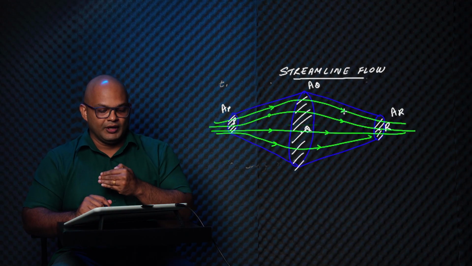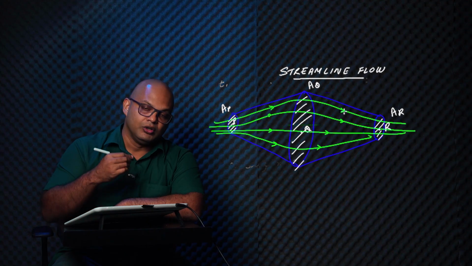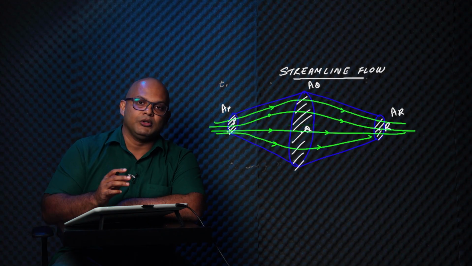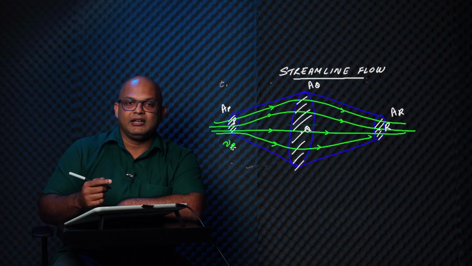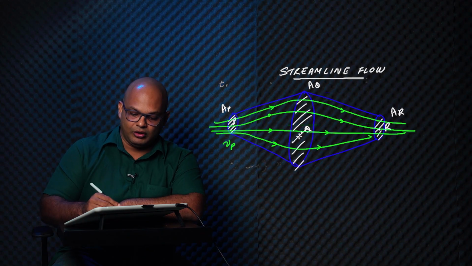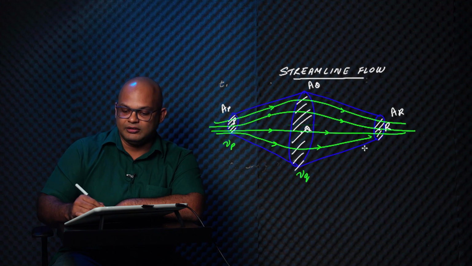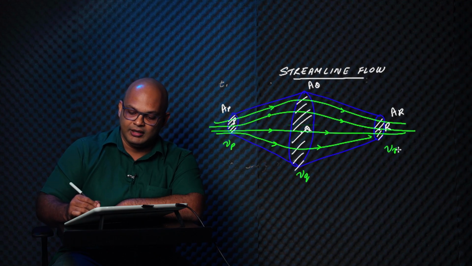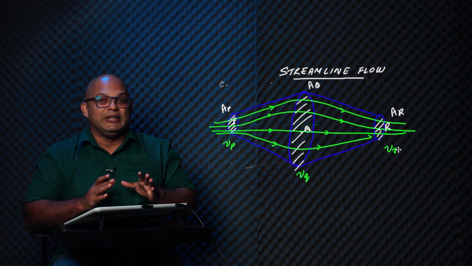What does that mean? It means that if you were to look at the velocity of water flowing through the cross section AP, let's call this Vp, and compare that with the velocity of the water as it is passing through AQ, that is VQ, and through AR, that is VR, these velocities may or may not be equal to each other.